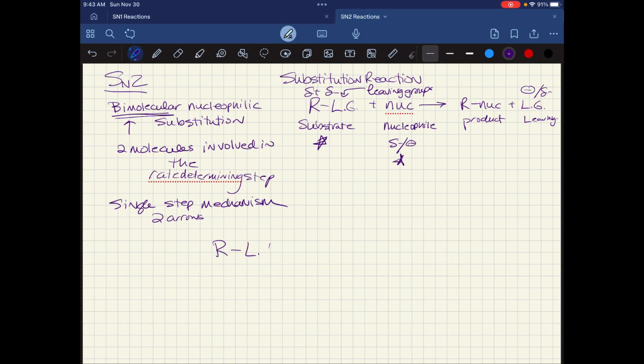So R-LG. Again, we have the partial negative here and the partial positive, which makes that carbon attached to the leaving group an electrophile. So the nucleophile is going to come in and attack. Usually with an SN2 mechanism, that nucleophile is going to be negatively charged, but not always.